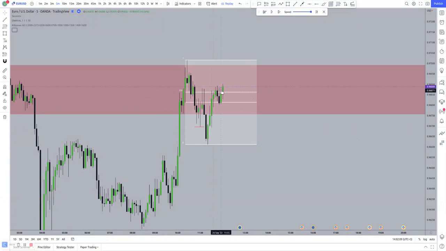Now that price has gone above 62%, what I'm going to do is, you see, this move from here, all right, from here is between 50% and 60%. I'll use another fib from here.